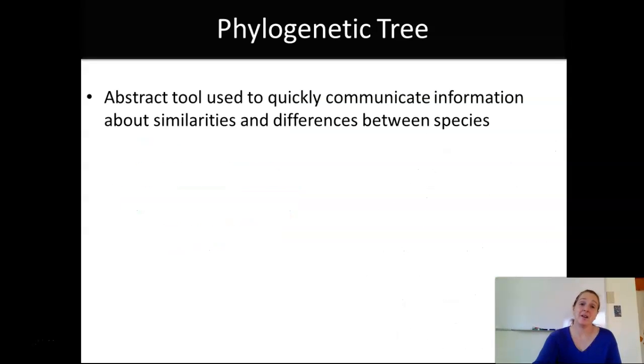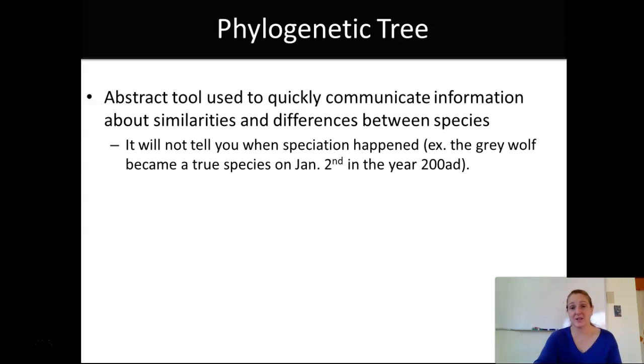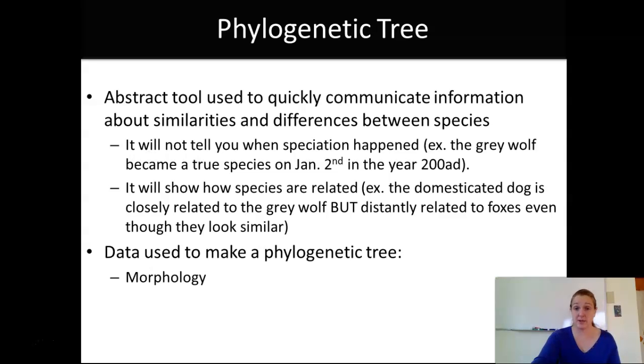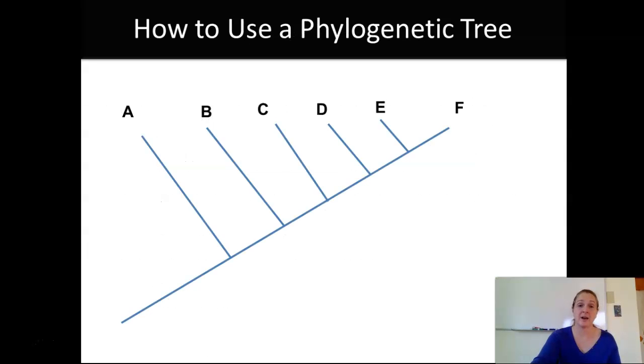We now have much more sophisticated tools to put together these phylogenetic trees. So it's not meant to tell you exactly when speciation occurred, but it's meant to plot these changes over time to help us to understand how species are related to one another. So this concept of phylogenetic trees is going to launch us a little bit into chapter 16. But since we're already talking about speciation, for me it made sense to pull these concepts in here.